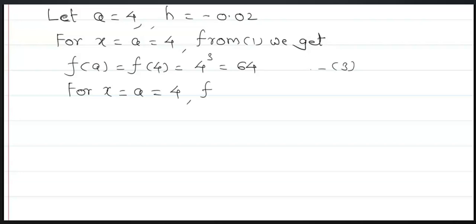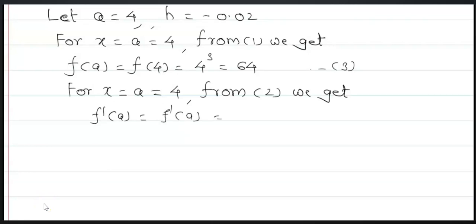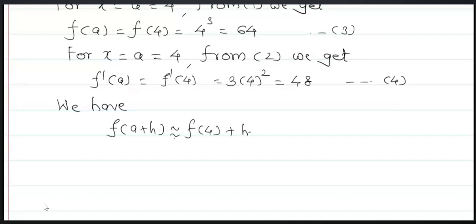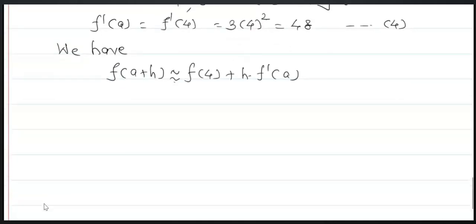For x is equal to a is equal to 4, we get f dash of a, that is f dash of 4, is equal to 3 into 4 raised to 2, that is 48. We have f of a plus h is approximately equal to f of 4 plus h into f dash of 4.